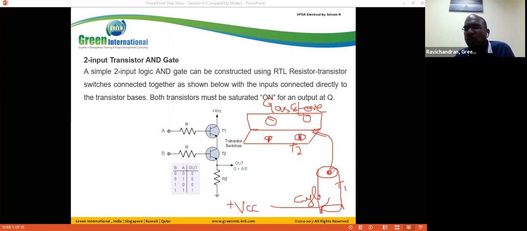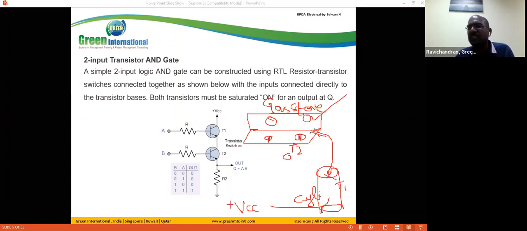So now you open the regulator, the gas will flow here. But T2 is not open, because even though we have a lighter, T2 is closed. So the gas does not flame. Suppose the regulator is closed, but we turn on this stove switch.